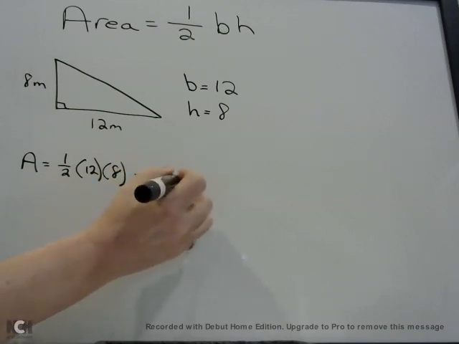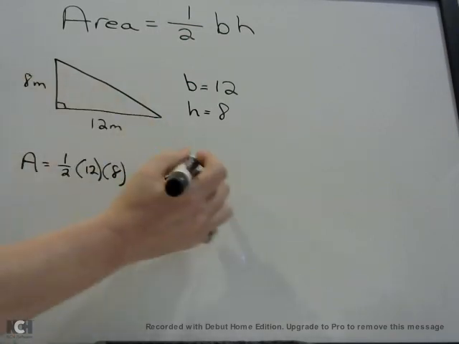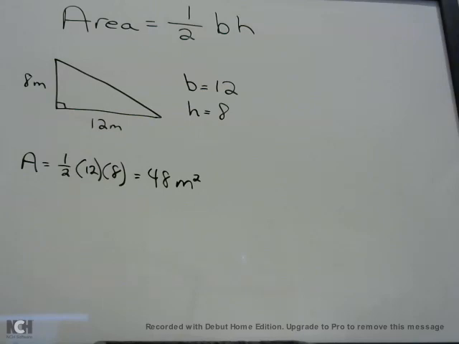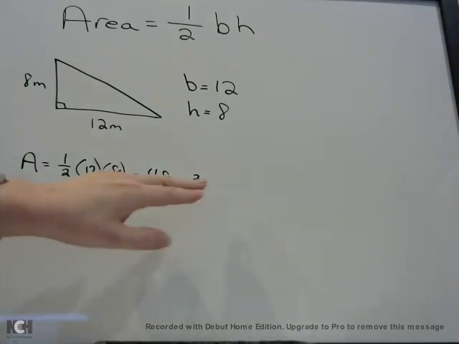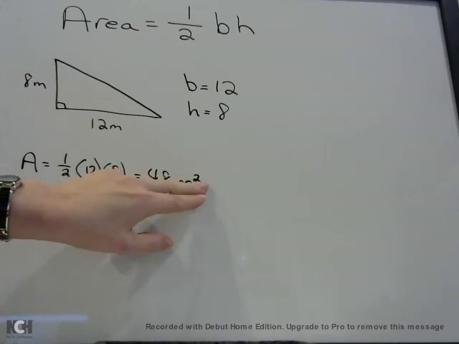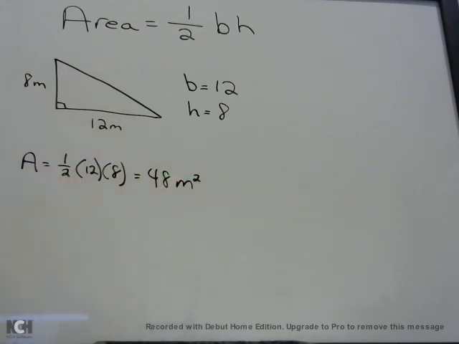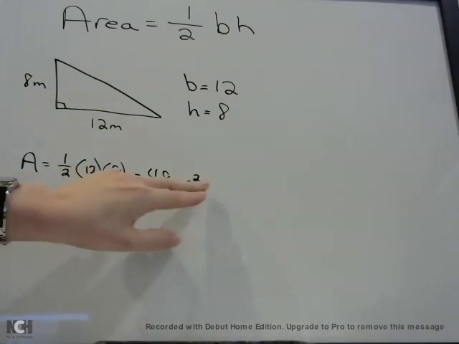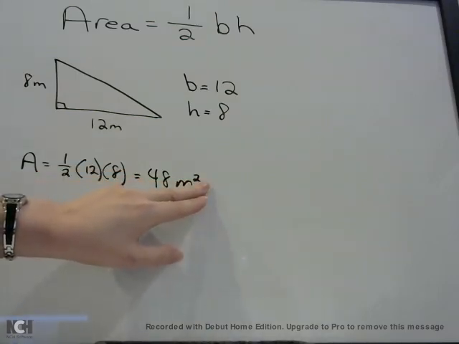48. And remember, it's meters, but with area, it's always squared. So whatever your unit is, if it's inches, yards, whatnot, it's always squared. So that's one way to see, if you look at your answers, if it's multiple choice and every answer has a square unit, you know you have to do an area problem.